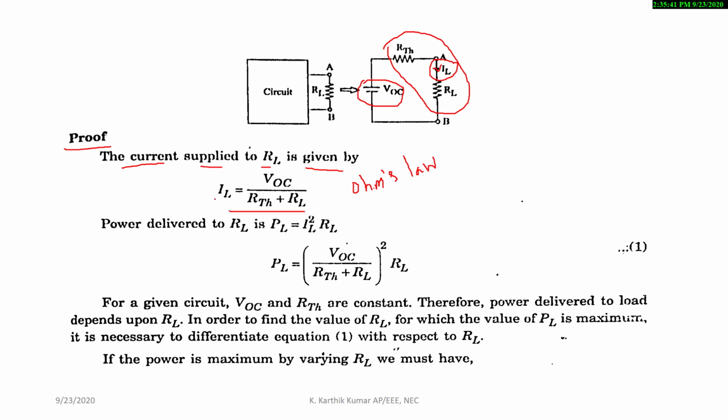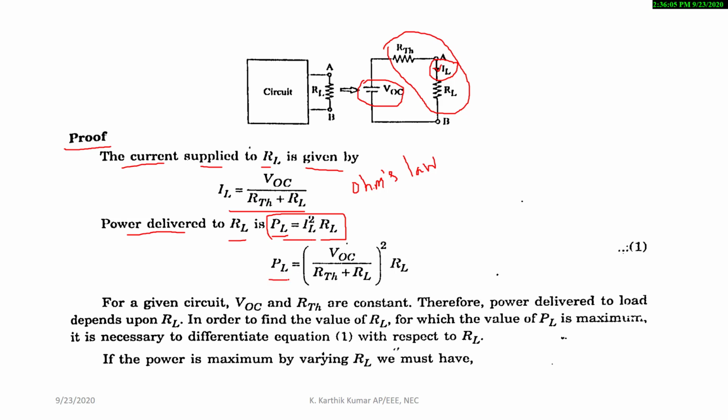The reason we are finding IL is that our objective is to find RL and the maximum power. Here the power delivered to RL is PL, and it is given as PL equals IL squared times RL.